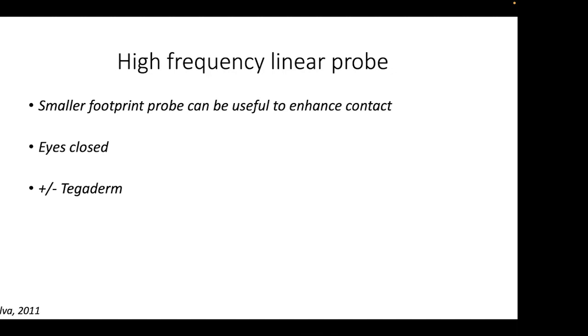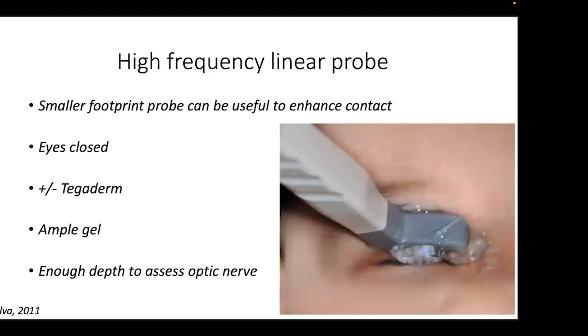Many reviews will recommend use of Tegaderm, but there is a study I'll talk about in a second that has demonstrated potentially slightly worse image quality, and so people may elect not to use it. Then use ample ultrasound gel and enough ultrasound depth in order to be able to assess the optic nerve. This is what it looks like on an eye using the hockey stick probe, gel, and without the Tegaderm.